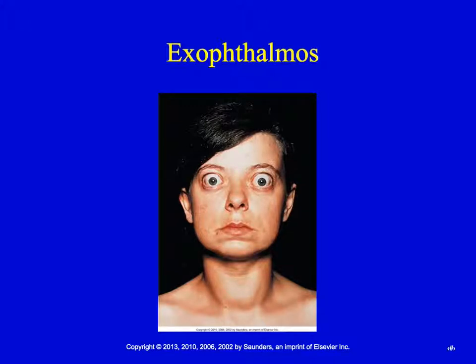This can cause pressure on the optic nerve, which can impair their vision. They can also have something called photophobia, which is sensitivity to light. This can create dry eyes, and it can damage the cornea if the patient's unable to completely close their eyes. So this actually can cause some pretty extensive damage to their eyes if it's not treated properly.